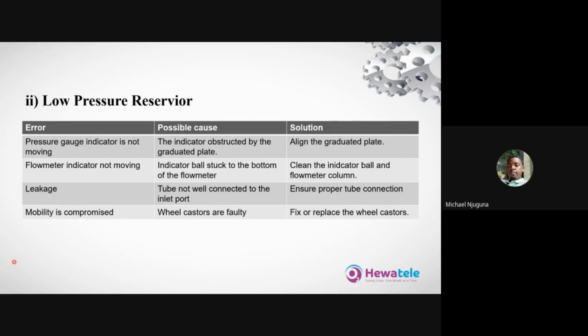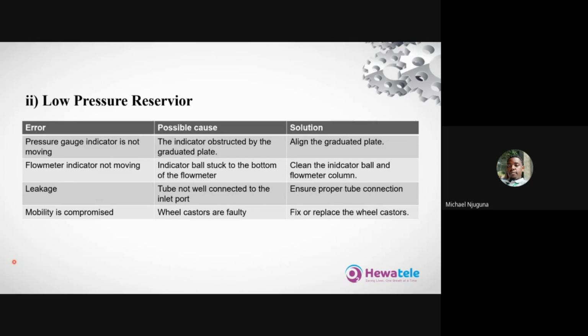So the indicator wants to move up because of the pressure inside the vessel, it gets obstructed, and you can't tell how much pressure is in the vessel. That is one of the possible causes as to why the pressure gauge is not moving.